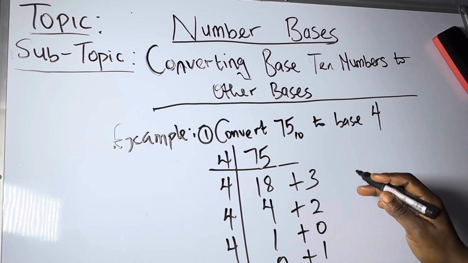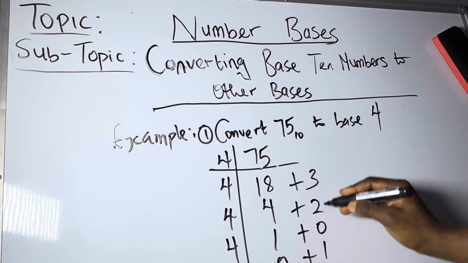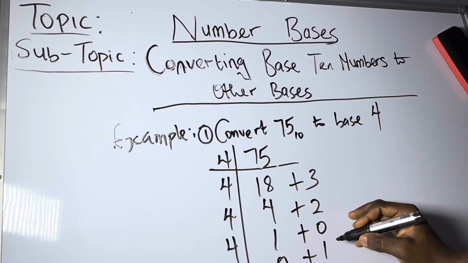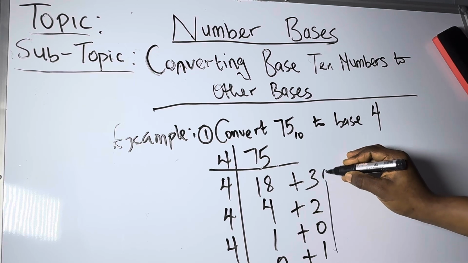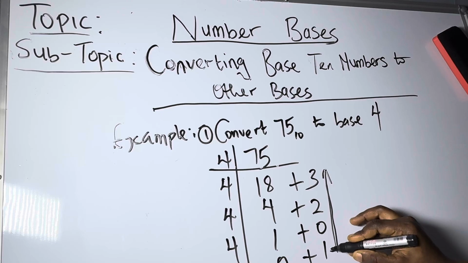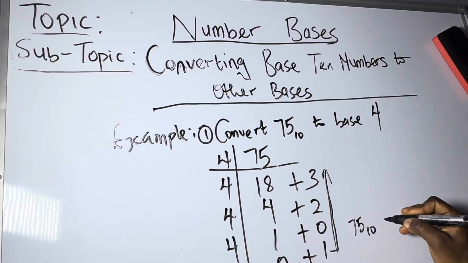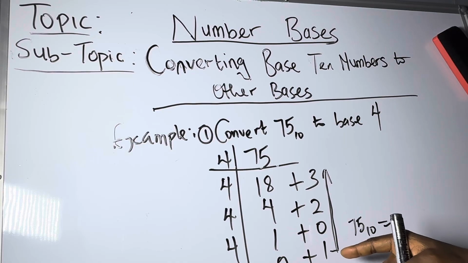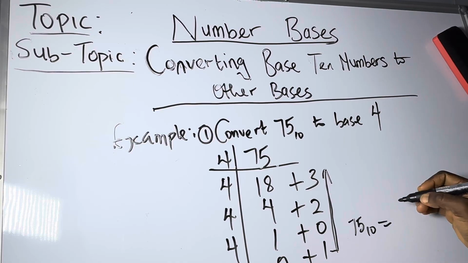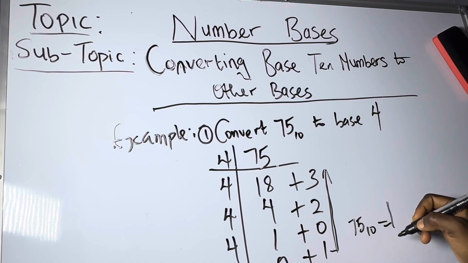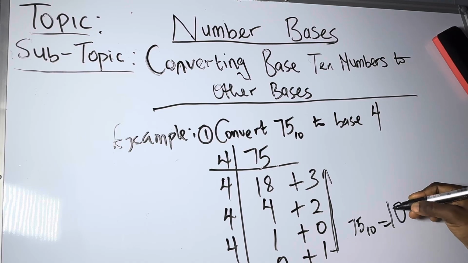Meaning, I'm going to write my answer from downward to upward by drawing an arrow like this, which simply means 75 in base 10 equals, the last number here is 1, followed by 0, followed by 2, then 3 in base 4. Do you understand? Now let's look at another example.